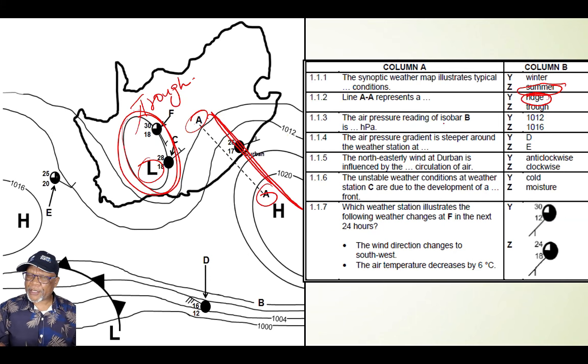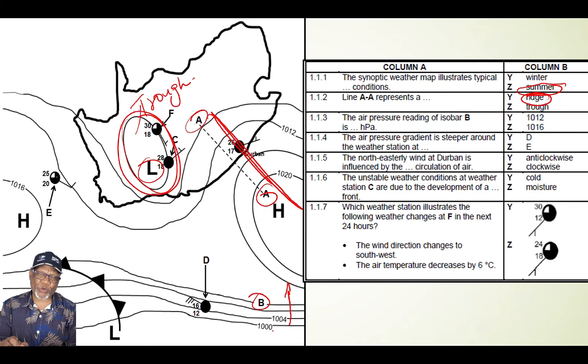The air pressure reading of isobar B is, now you have to look at isobar B. Here is our isobar B. What is the air pressure at B? Now look at the trend. It shows here that the pressure is increasing when you go towards that H. But now let's look at what the isobaric interval is.